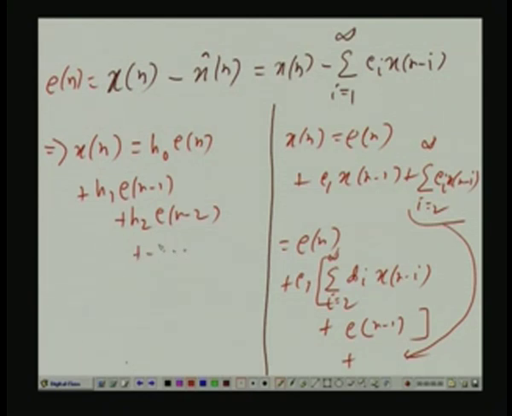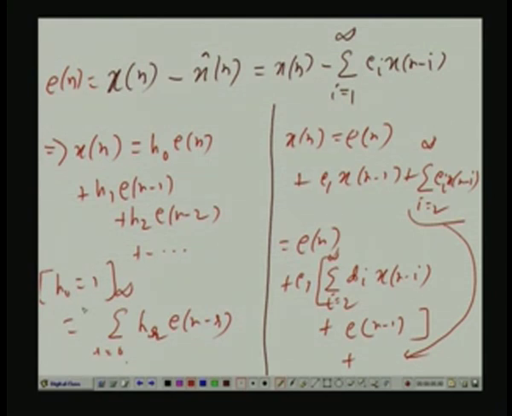Of course, H 0 is 1, as you have seen here, which is nothing but a convolution between the sequences, that is, the sum of H r E n minus r, r from 0 to infinity, as though the sequence E n has been passed through a causal linear time invariant system of impulse response H r or H n.